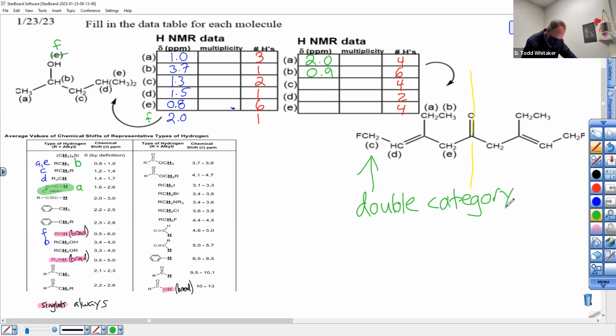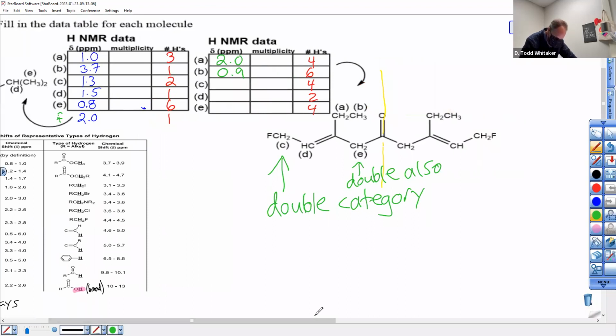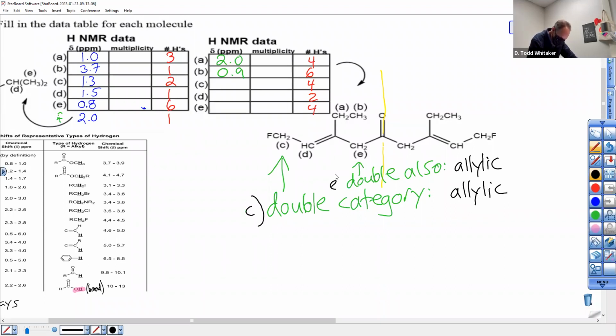And so is E. And they're both allylic. Wait, yeah, E is allylic too. I'm going to get it backwards unless I label them right here too. C and E.